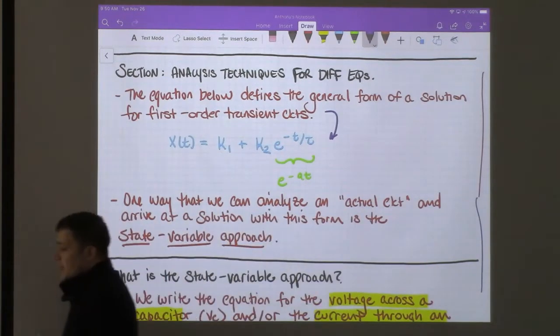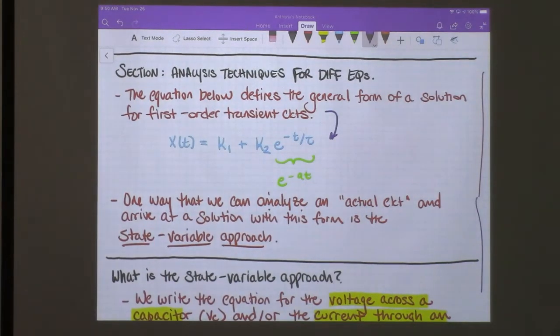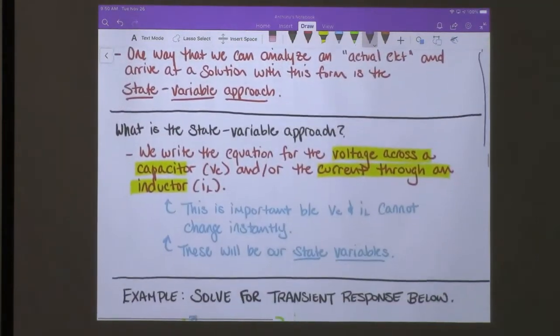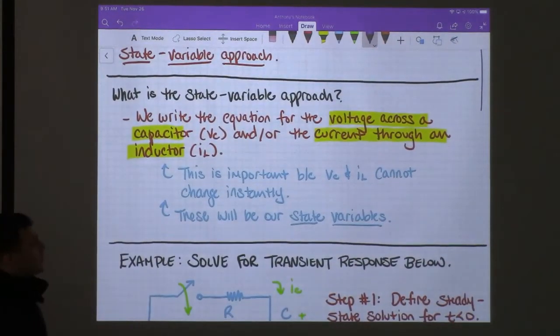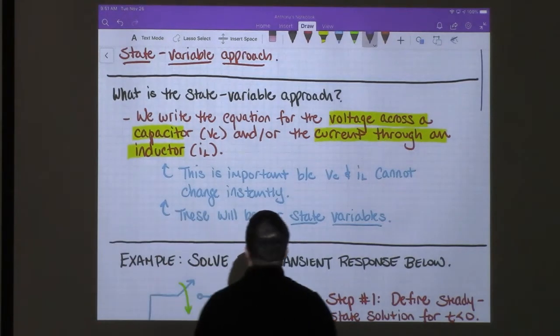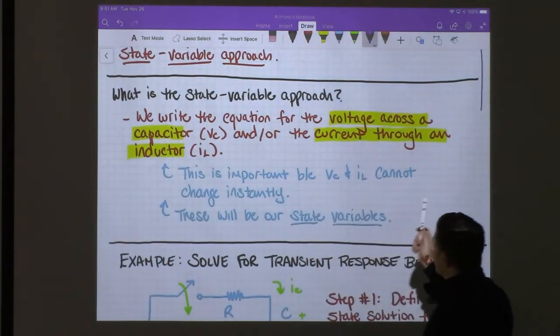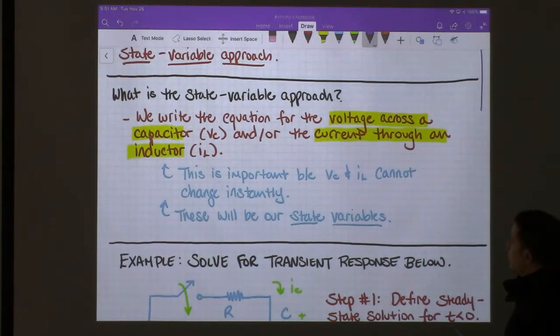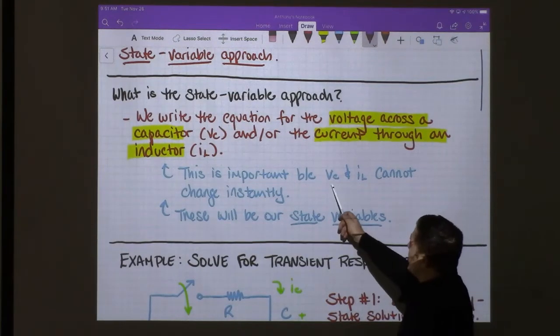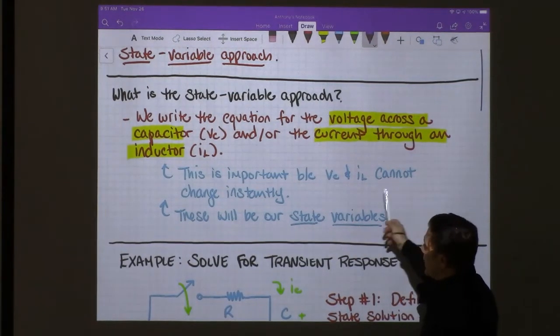And what that means is then when we write the equations, we need to write a form that includes the appropriate variable. So we write the equation for the voltage across the capacitor and or the current through an inductor when we use the state variable approach. This is important because VC and IL cannot change instantly.